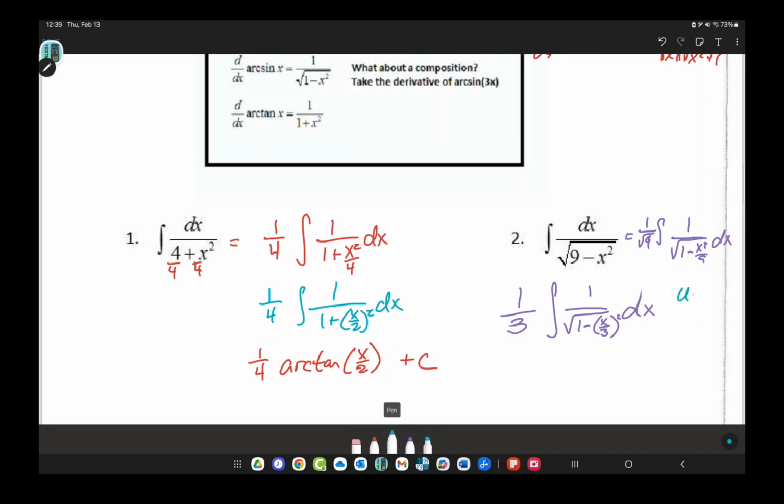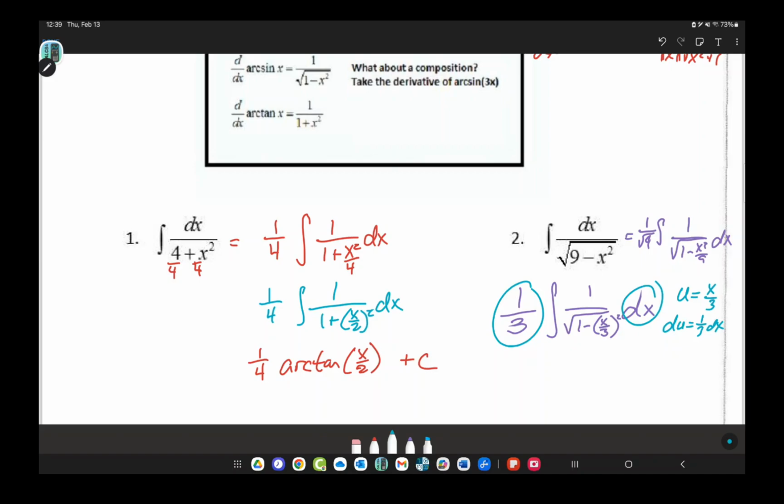u is equal to x over 3, which means du is equal to 1/3 dx. Now, notice we actually have a 1/3 dx. That's nice.